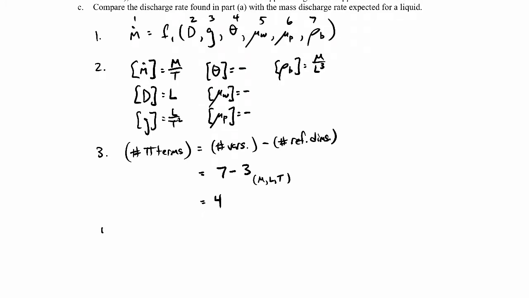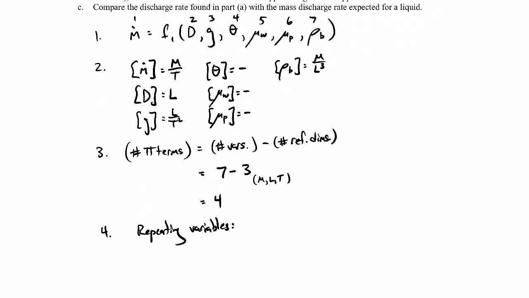So now we'll find those using the method of repeating variables. So the first pi term will involve the mass flow. Oh, I guess we need to define our repeating variables before we go any further. Okay, so for repeating variables, we'll need 3 of them because we have 3 reference dimensions, and we want to make sure they have a mass and a length and a time in there.